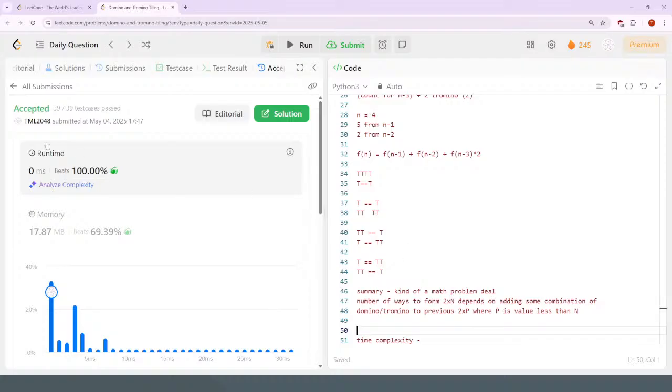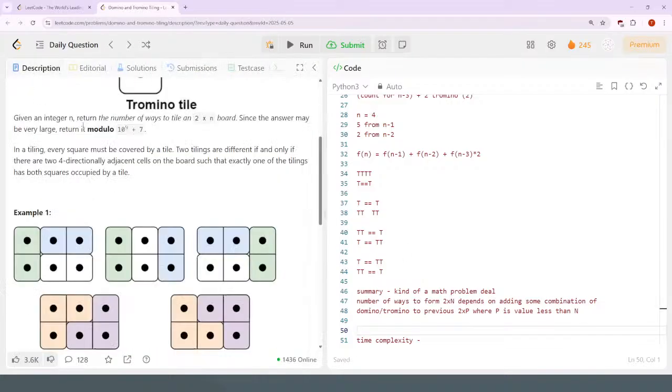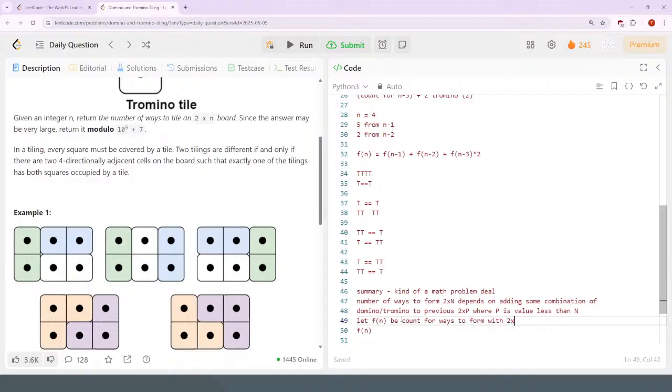So in general, it's going to be the function for n, where n is the count. Let f of n be the count for ways to form a 2 by n.